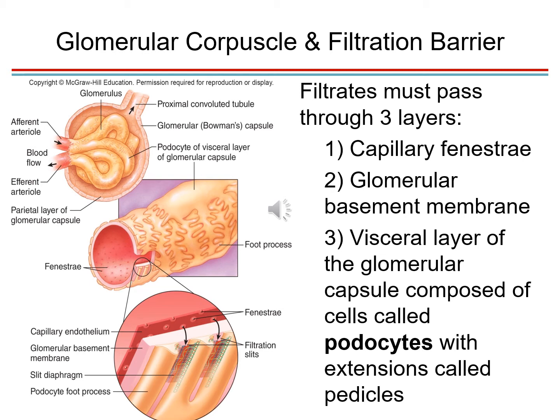Pay attention to this word: podocytes. The podocytes are special cells that make that inner layer of the capsule and wrap the glomerulus capillaries in order to select the filtration.